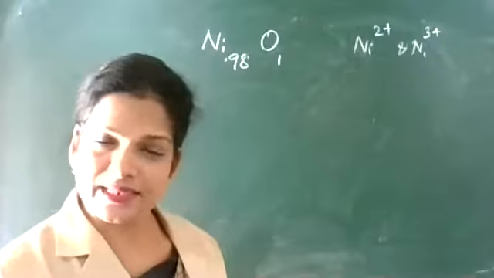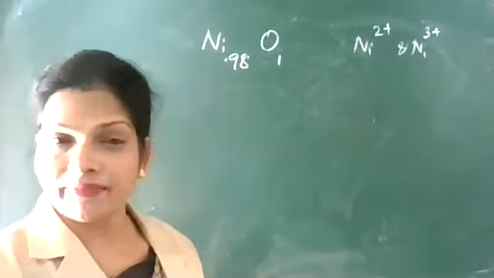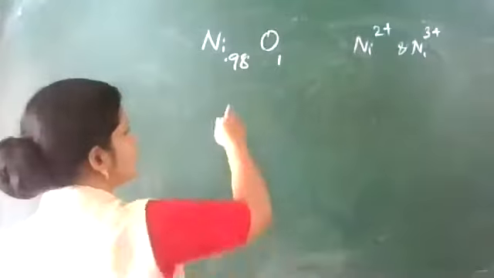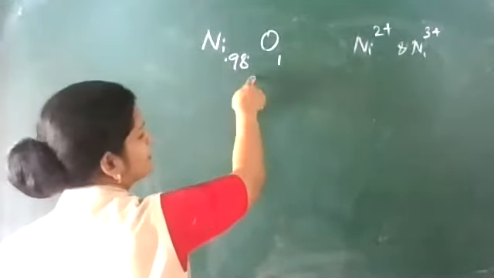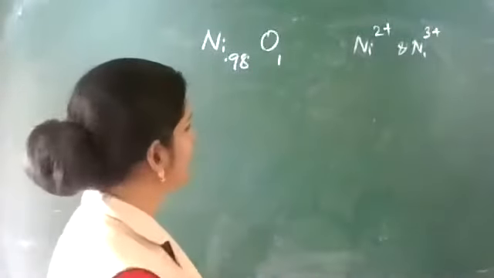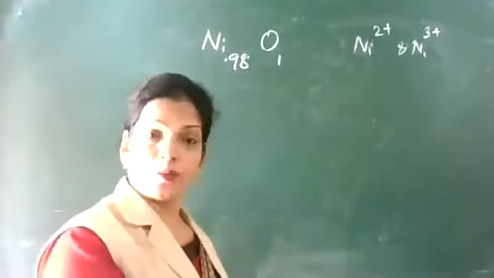Similar is the case here, Ni2+ and Ni3+. Numerically you will see Fe0.96O1. Like you can take it as Ni98 and O100.